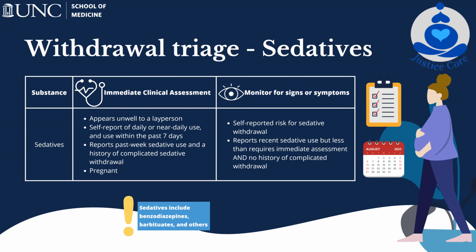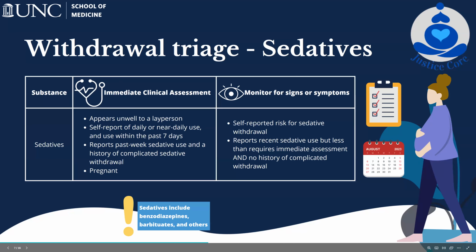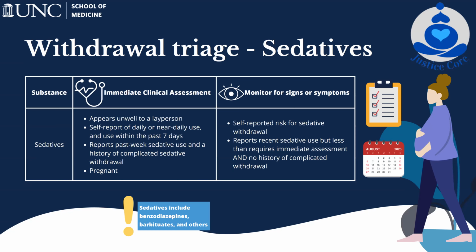A lot of people will self-report, and then ask what has happened to them in the past. A lot of people will say, when I stopped taking my Xanax, I had a seizure. That should be a red flag to you and make you lean towards getting this person evaluated and getting symptoms managed in a way that's going to be better for them.